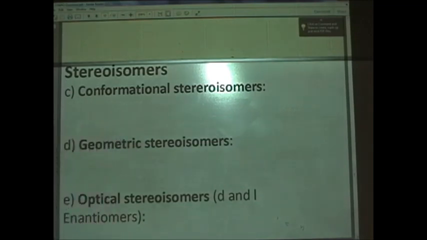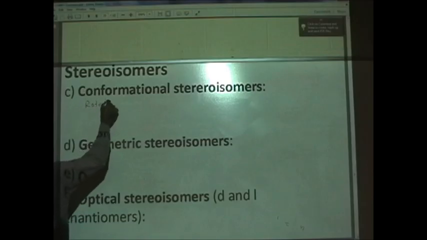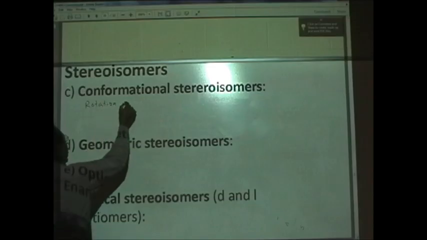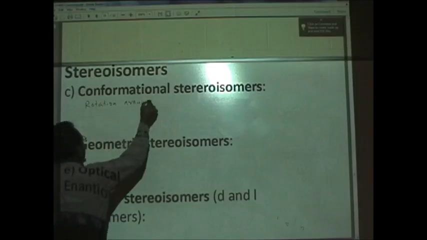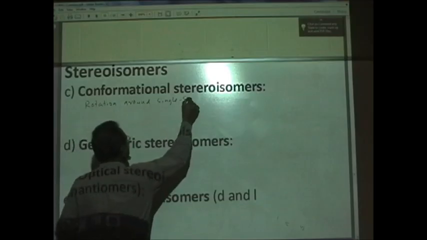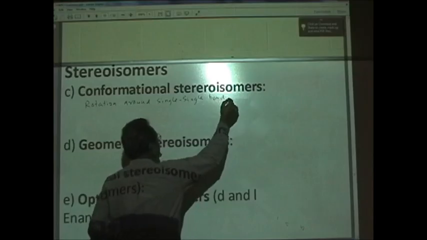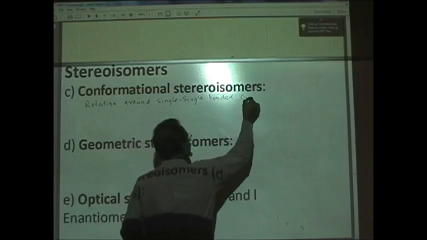This is coming from rotation around single bonded carbon atoms.